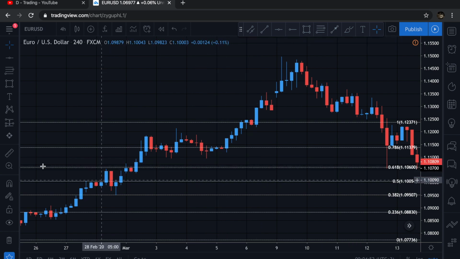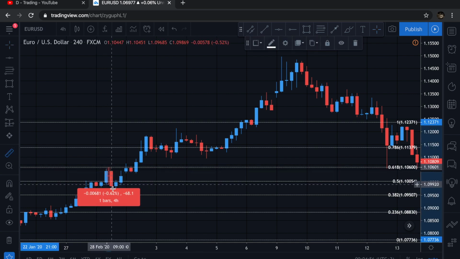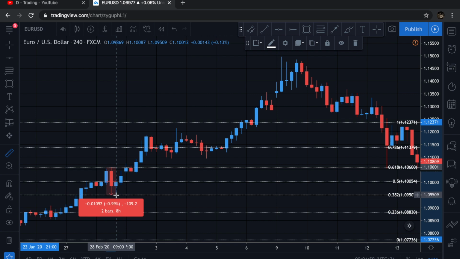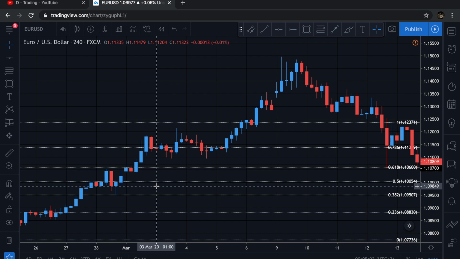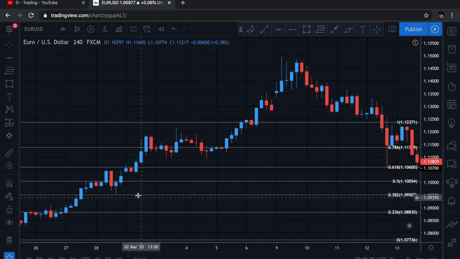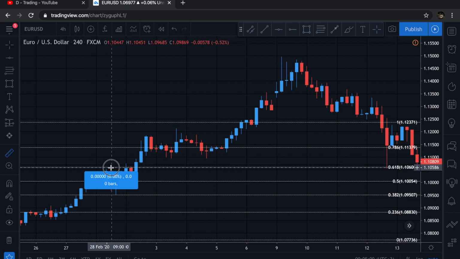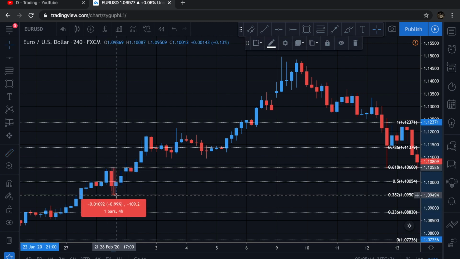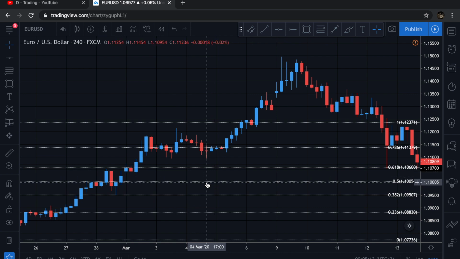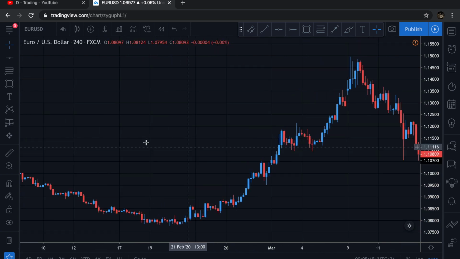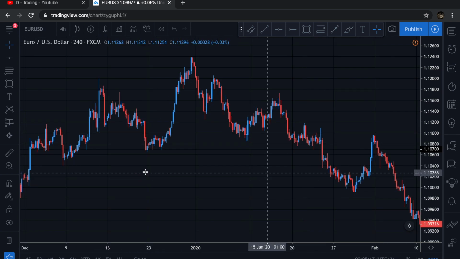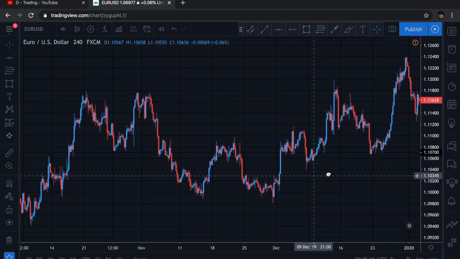So if you had entered over here, this was the first touch. So if you had entered over here, you would have made around 100 pips. So you guys can see, and this is, by the way, touching the 38.2. So you enter at 61.8 and you exit at 38.2, 100 pips. So how powerful, guys, how powerful is this strategy, right?